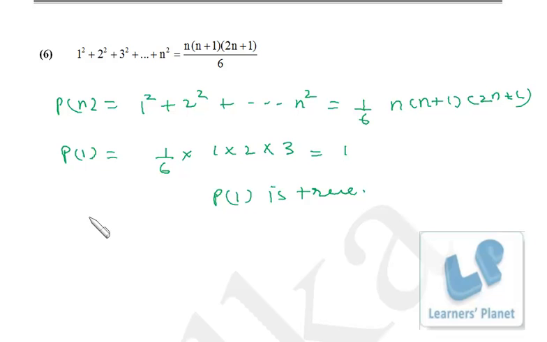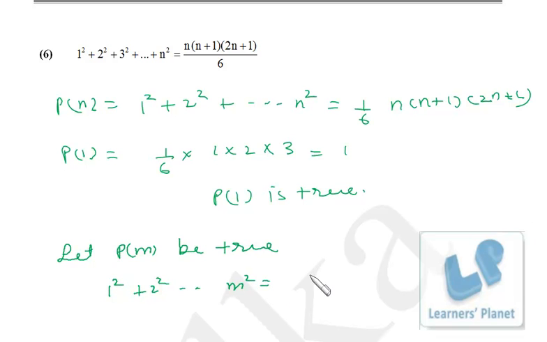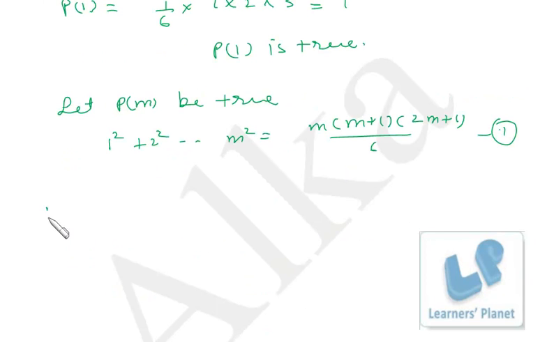Now the next step, let Pm be true. All questions will follow the same steps. Let Pm be true. So if Pm be true, then 1 square plus 2 square till m square will be m plus 1, 2m plus 1 by 6. Okay, so that's the first equation I assume. Now next we have to write down Pm plus 1.